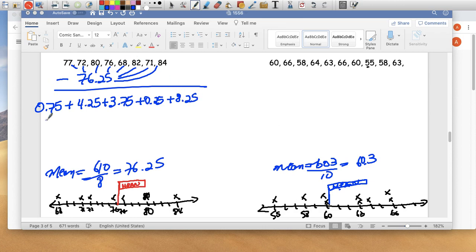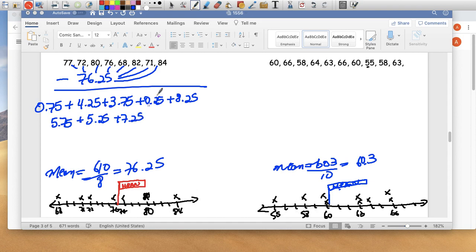If you were at 82 and you had to walk, you would go 5.75. And then from 71 to 76.25, you would walk 5.25, and from 84, you would go 7.75.